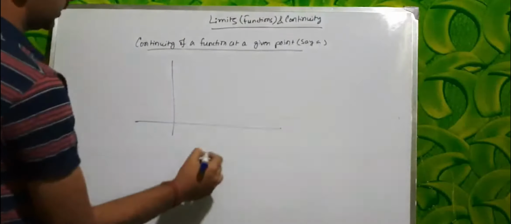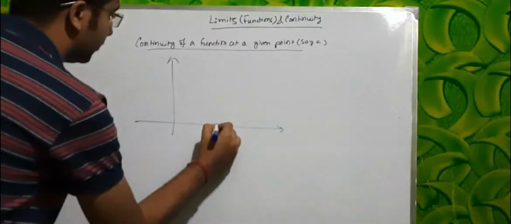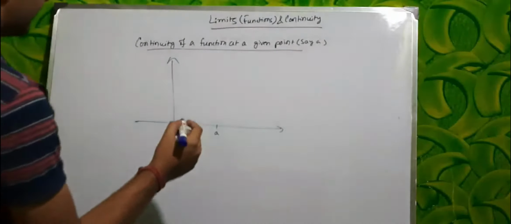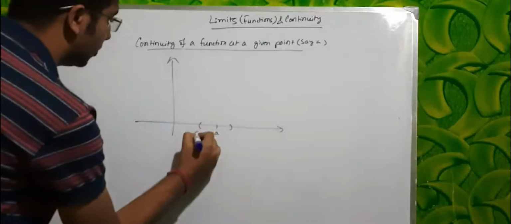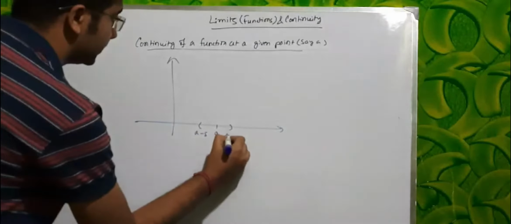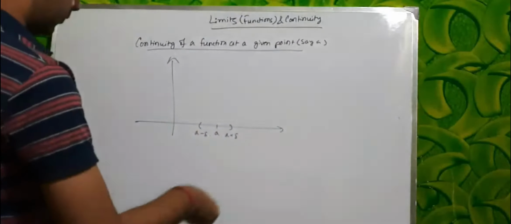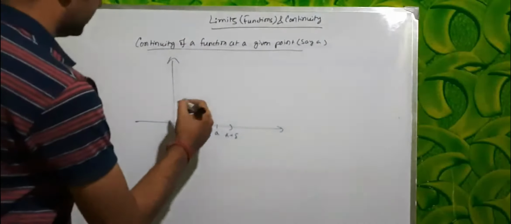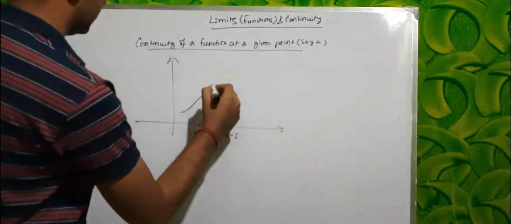Suppose this is the y-axis and this is the x-axis, and we have a point a here, and a small neighborhood of a, that is a minus delta and a plus delta. Suppose we have a graph of f(x), like this.